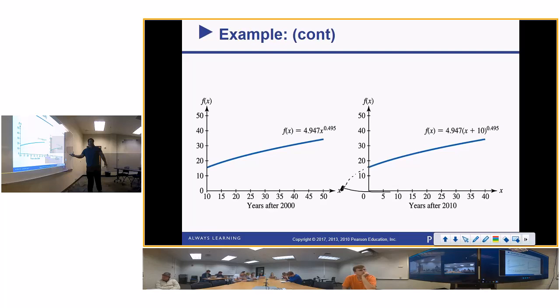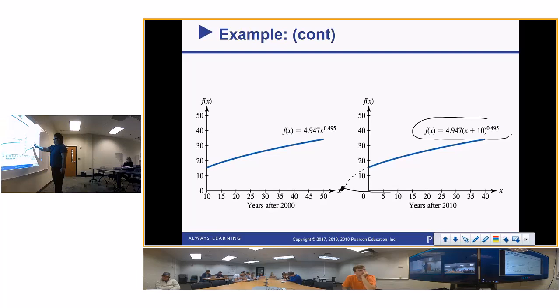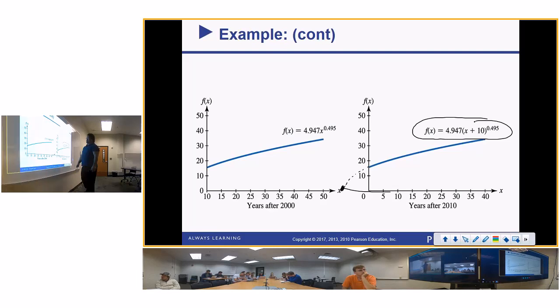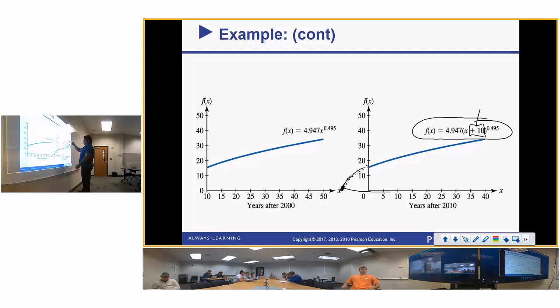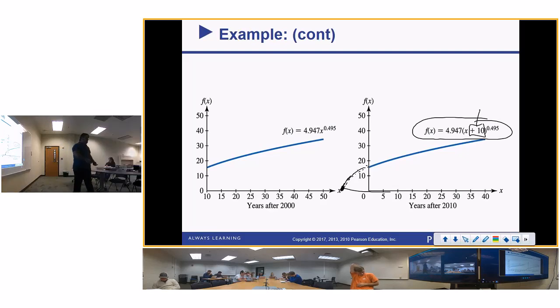Even if you added a horizontal shift of negative, it would just make it project over here, and that's not a big deal. But what they're telling you is that after 2010, 10 years after would be 10 places to the left. So that's what they're telling you. Not a big deal.